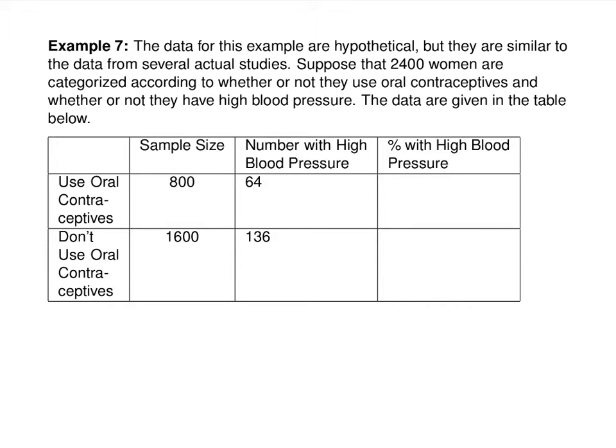Can you figure out the percent that have high blood pressure out of those that use contraceptives? 64 out of 800, which is exactly 8%. Those are doctored to work out pretty; real life isn't quite that pretty. And those that don't use oral contraceptives, 136 out of 1,600, which is 8.5%.